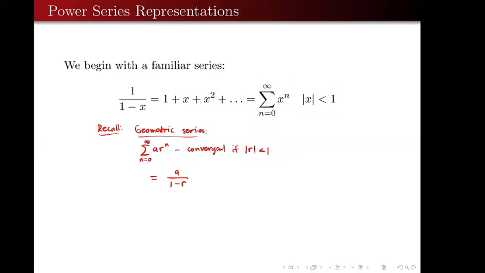And again, we have a equals 1. That's why you have this 1 over 1 minus x. So again, the equality is only valid for absolute value of x less than 1.